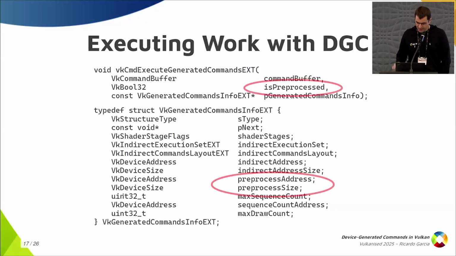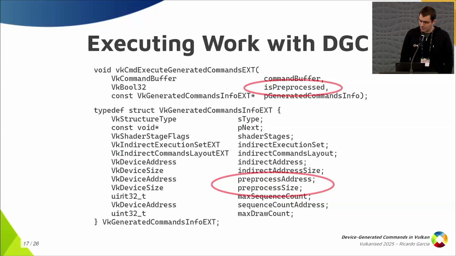So we have a couple of things here that we haven't talked about yet, which is the preprocessing thing. What is this preprocessing thing? Well, starting from the bottom, that preprocess address and size give us a hint that there may be a preprocessing step going on, some kind of thing that the driver may need to do before actually executing the commands. And we need to pass information about the buffer there.